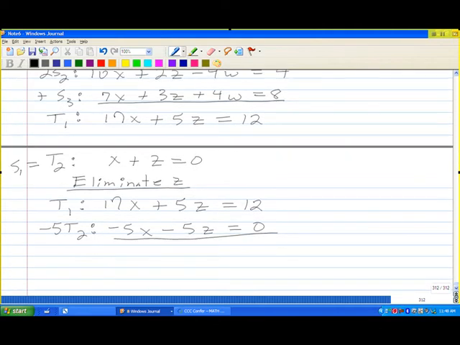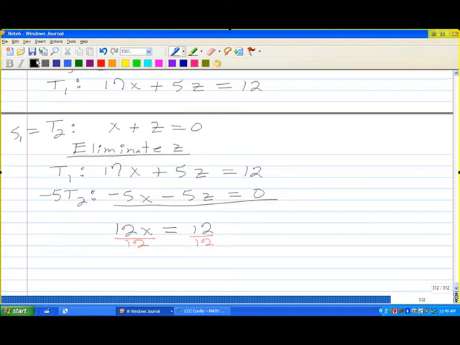Add. 12x is equal to 12. Okay, so let me divide both sides of my equation by 12. So that says that x is equal to 1.